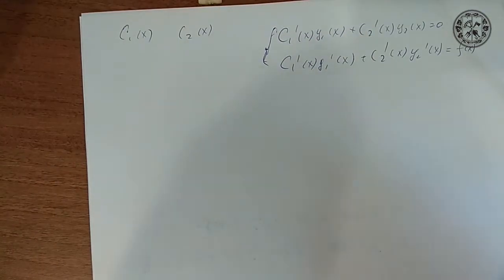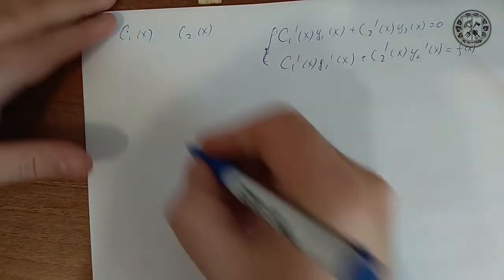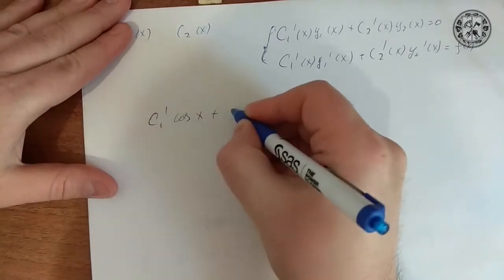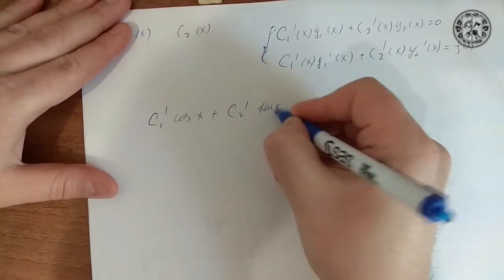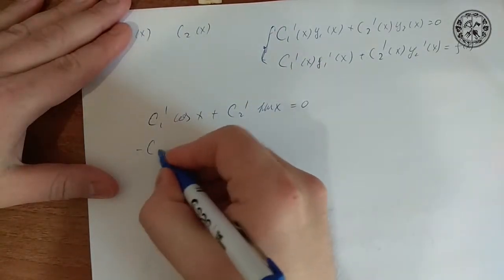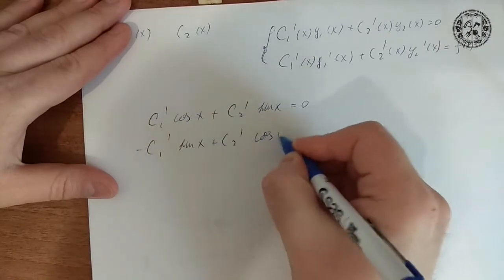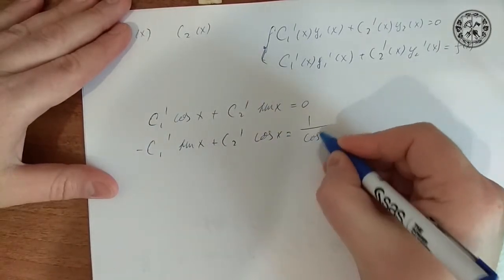So substituting our functions, we get c1' cos x + c2' sin x = 0, and -c1' sin x + c2' cos x = 1/cos³x.